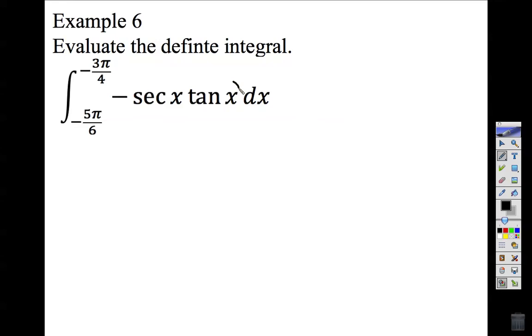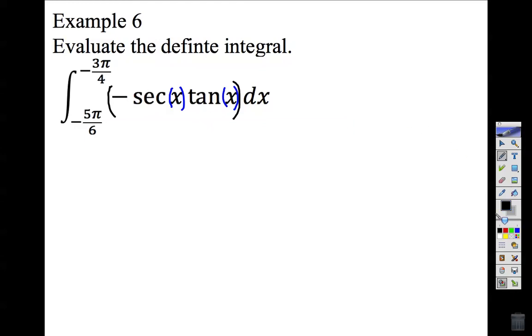I like putting these parentheses. That way you know that all of this belongs to the definite integral. I'll go even a step further in doing this here for you to see which is the angle to secant and which is the angle to tangent.